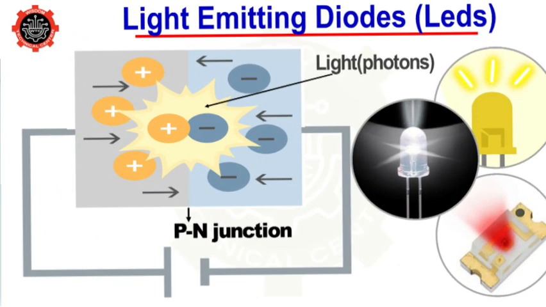If we apply a sufficient forward voltage, this will cause the electrons and holes to recombine at the p-n junction, and this will release energy in the form of light particles. In the big chemistry word, these light particles are called photons.